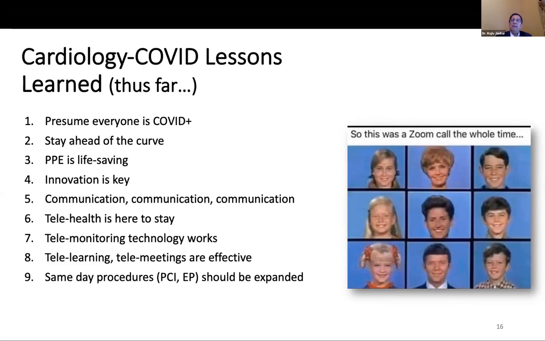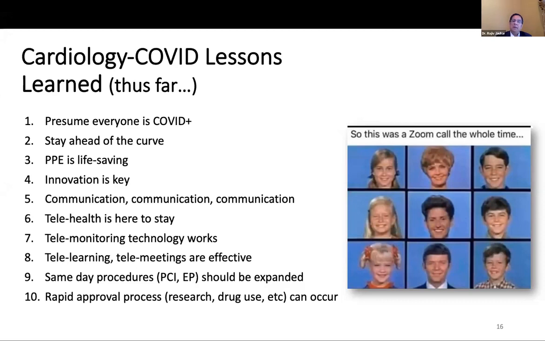We have an ability to change the paradigm. We were sending very few of our patients home, but now same-day procedure and discharge is very common. I was fortunate enough to do 4 PCIs 2 days ago, which is a big deal now. Usually our lab does about 300 a year. I think we did 30 last month. So I did 4, and I sent all 4 home the same day.